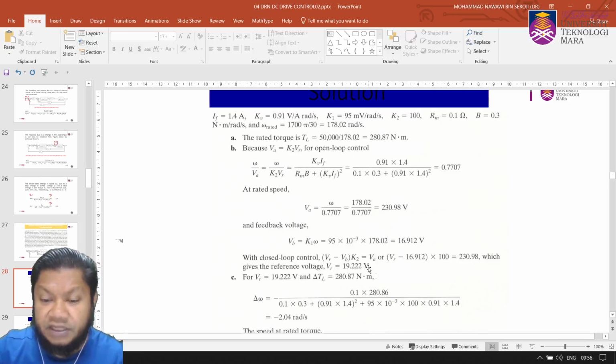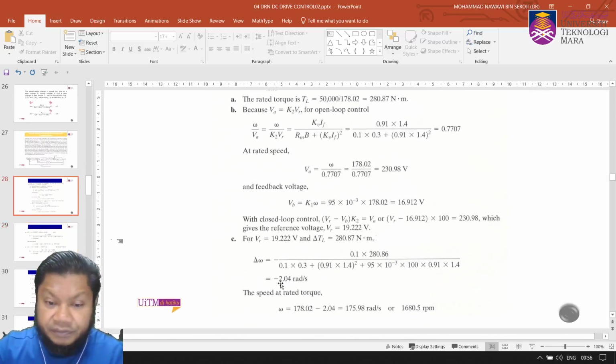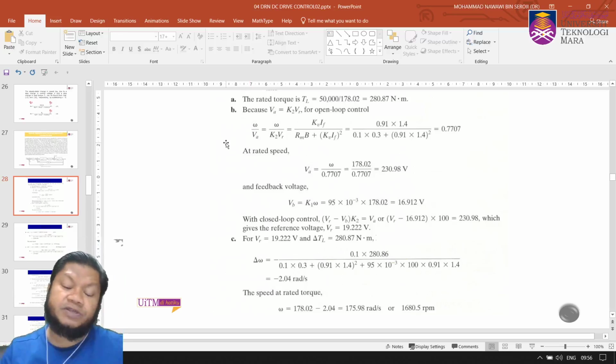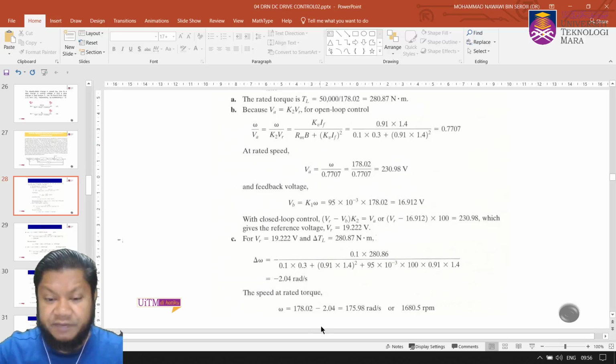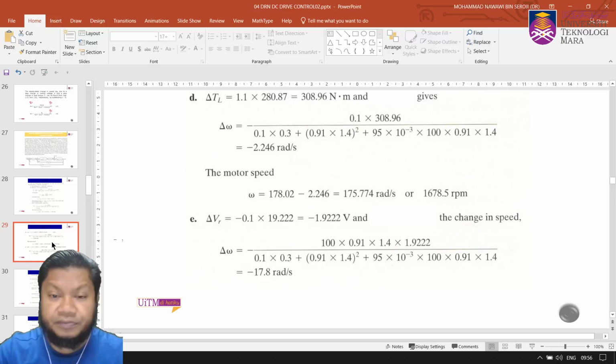The reference voltage is 90.22, and from there you have delta omega equals minus 2.04. So it is a reduction in the speed. The speed at rated torque now becomes lower, which is 1680.5 RPM, or in radian per second, 175.98 compared to 17.02 speed.